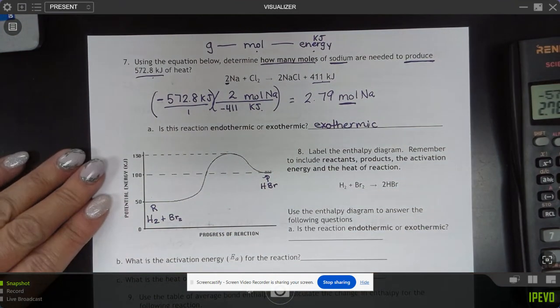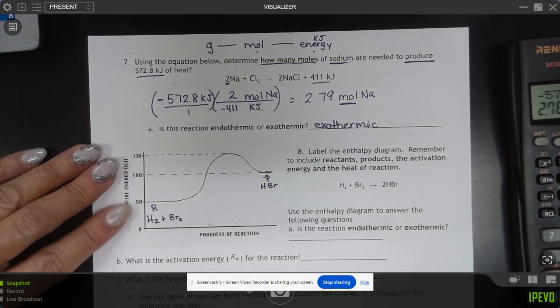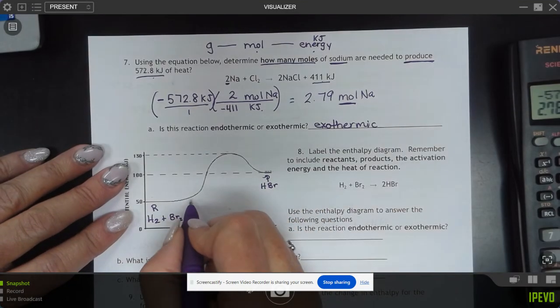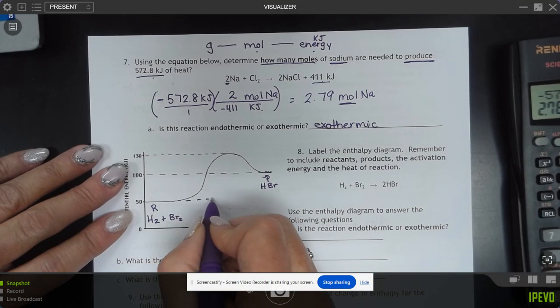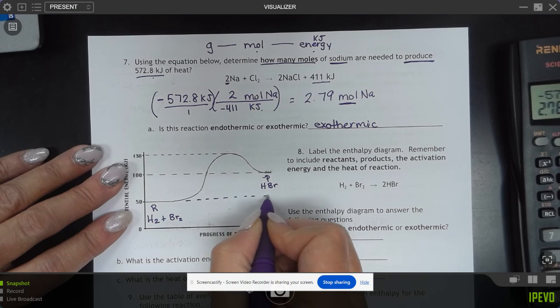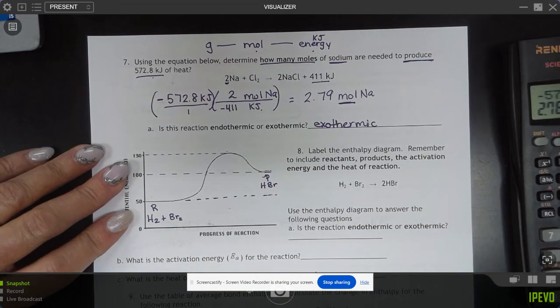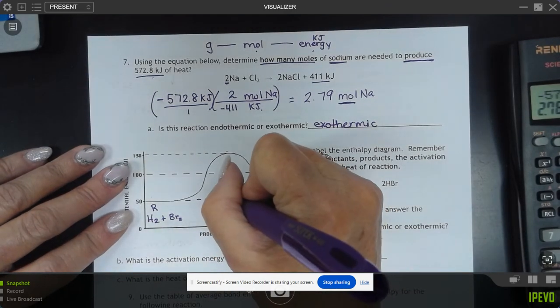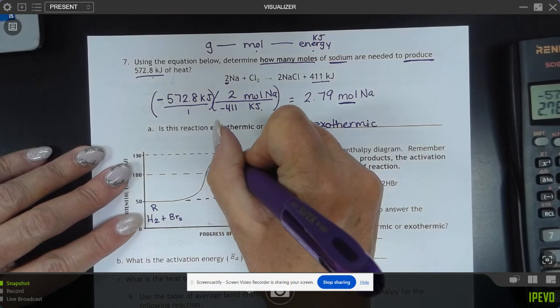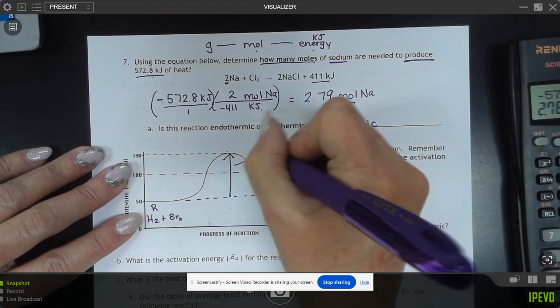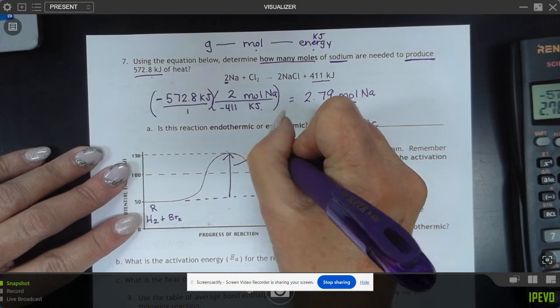So either one of those was acceptable. Remember that, and I'm just going to extend another line across here. Remember that activation energy is the difference between the reactants and the very top of the graph. That is our activation energy.